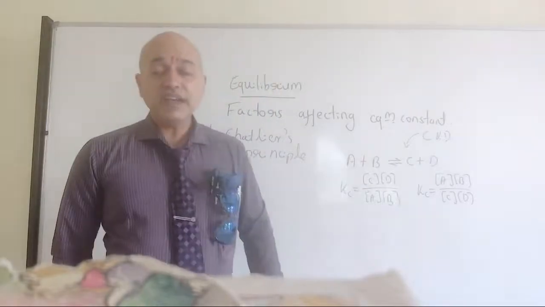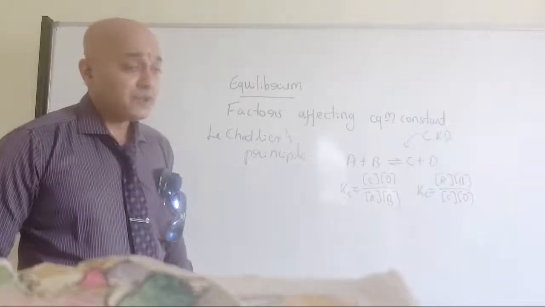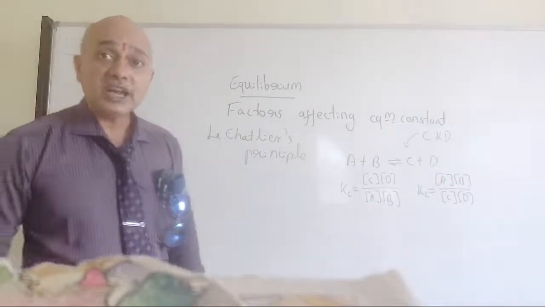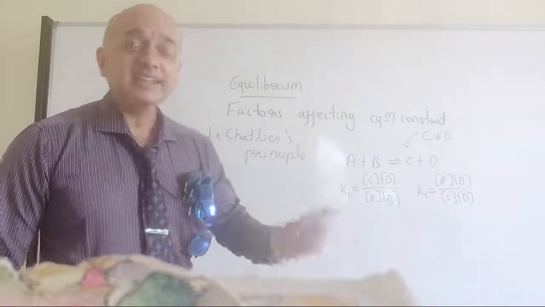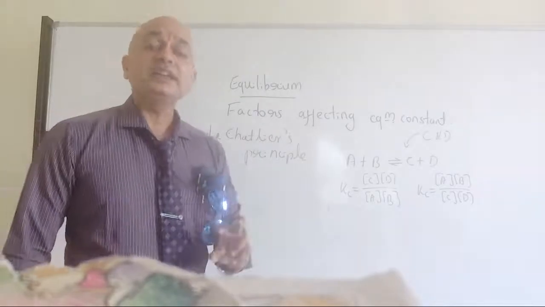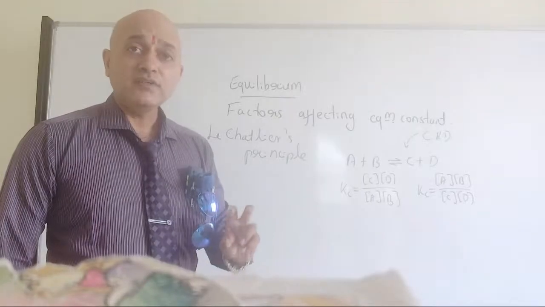Fine. So that's where we have Le Chatelier's principle. What does it talk about? Le Chatelier's principle tells that by altering the condition, what is that condition? It can be concentration, it can be pressure, it can be temperature, whatever it is.